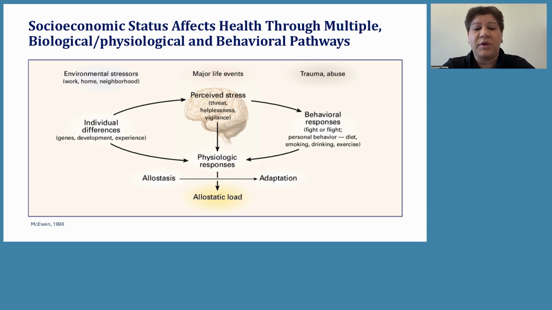If you look straight below the diagram of the brain, what you see is a physiological response. And the idea is that the human body has physiological responses to stress that kick in irrespective of responses that operate through health behaviors. These physiological responses to stress are called allostasis or adaptation.